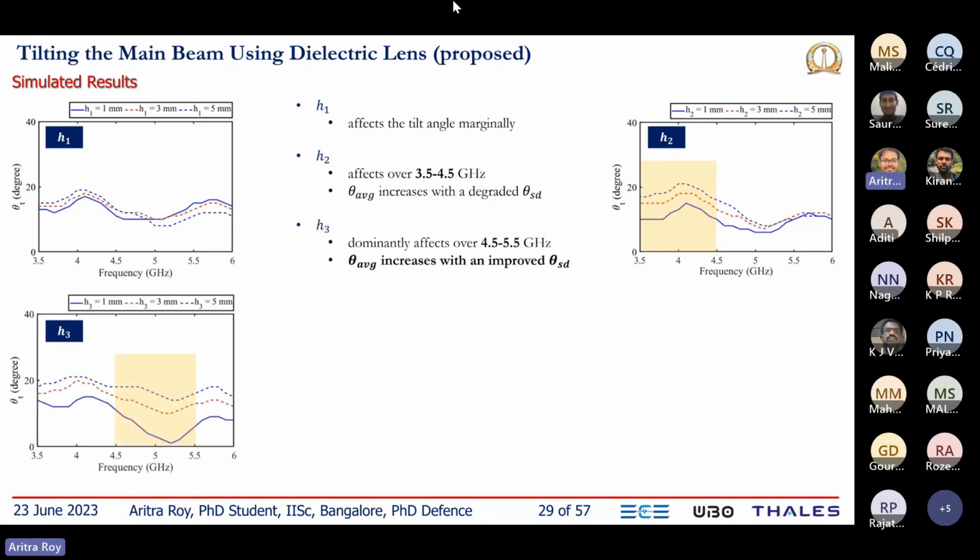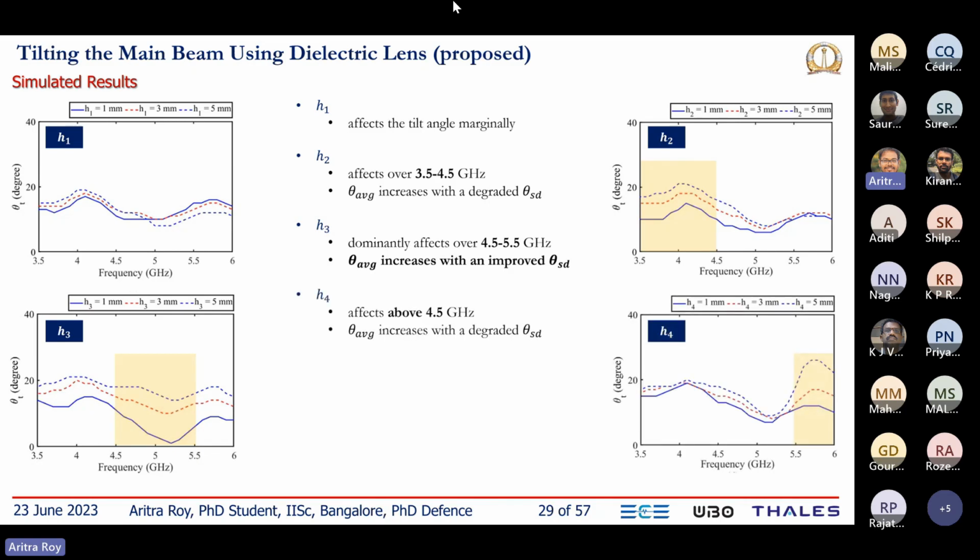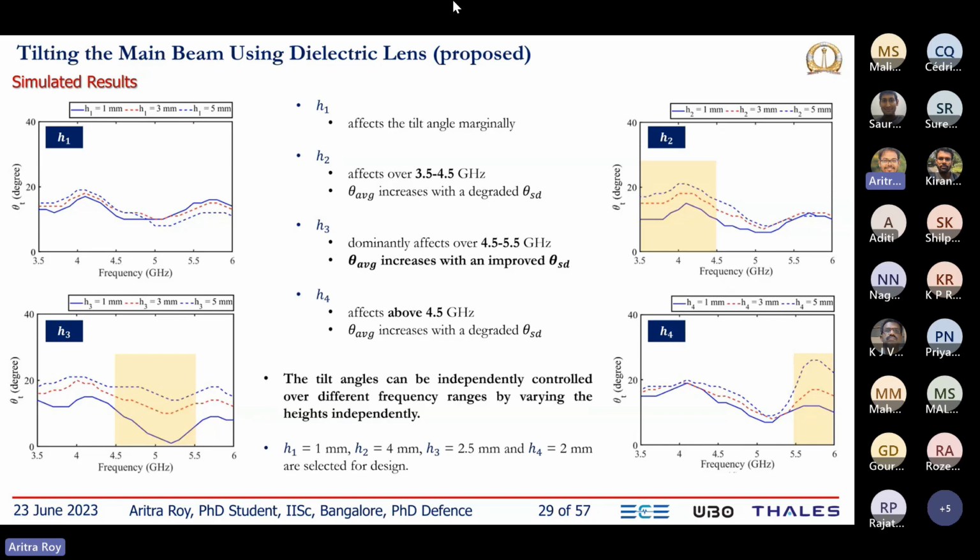When we vary H3, we can see there is a high variation between 4.5 and 5.5 gigahertz. And similarly, when we vary H4, we see significant variation between 5.5 to 6 gigahertz. So the bottom line is, it is possible to independently change the height of the lens at different radial locations and change the tilt angle over different frequency bands.